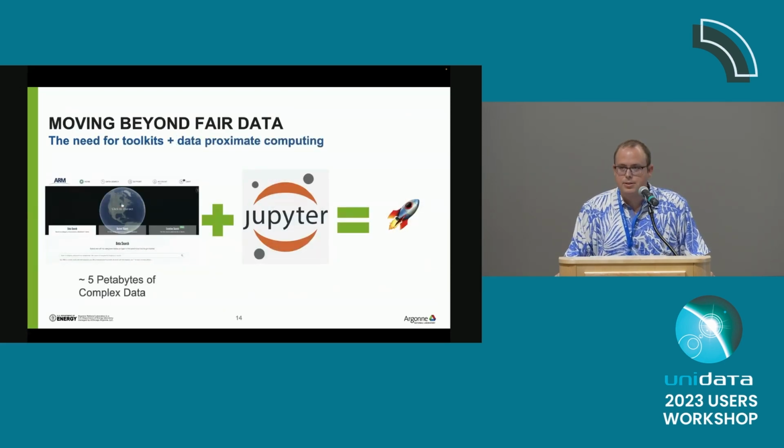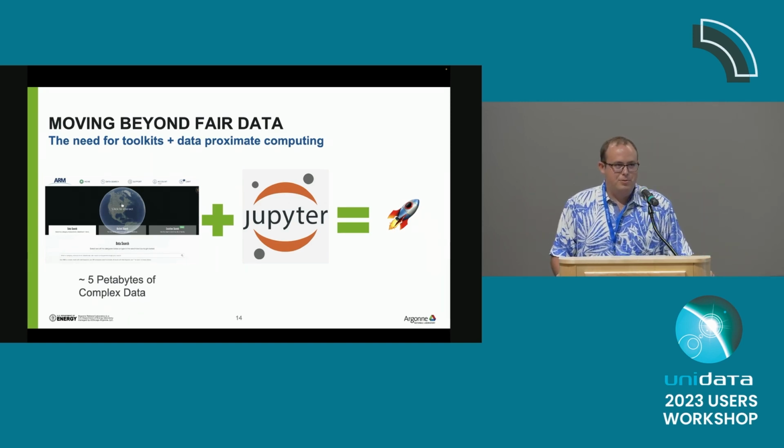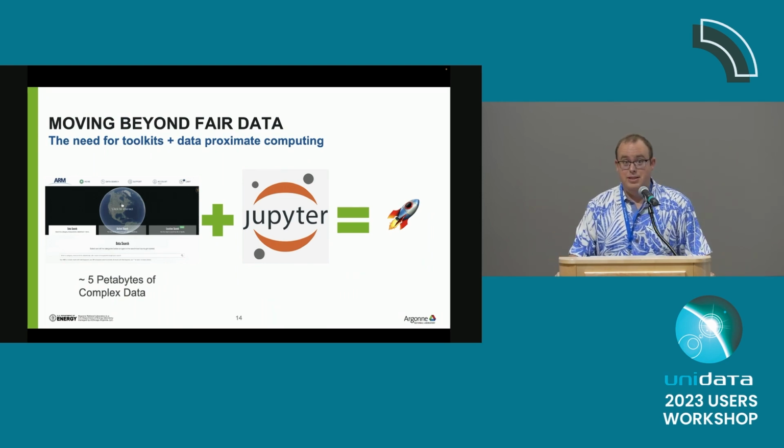But beyond those data portals, there's a lot of data there. For the ARM program, we have roughly 5 petabytes of data with so many different data streams, everything from radars to different ground-based measurements, time series data, that sort of thing. And so it's tough to work with this, especially since that's not going to fit on your laptop.